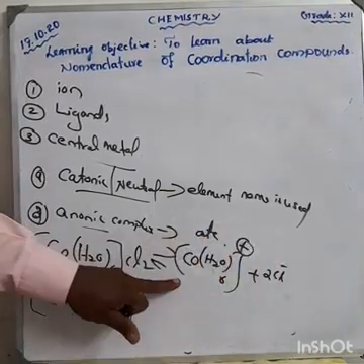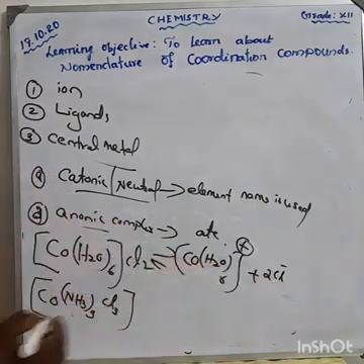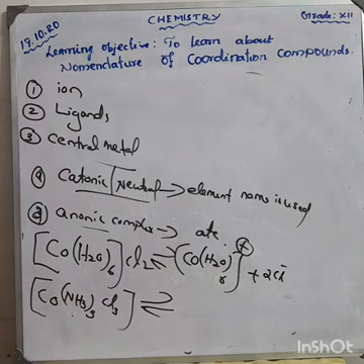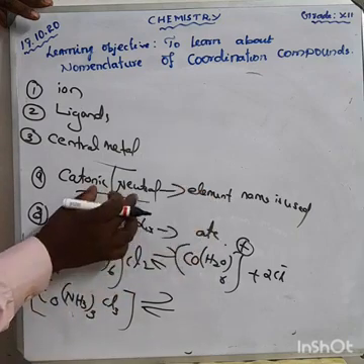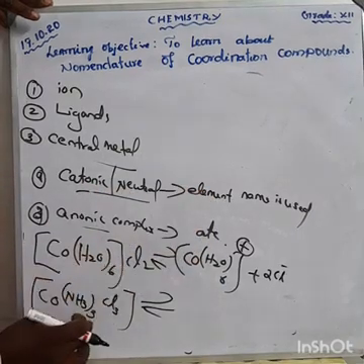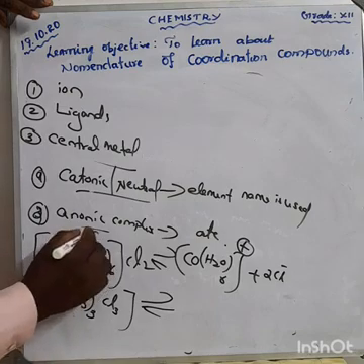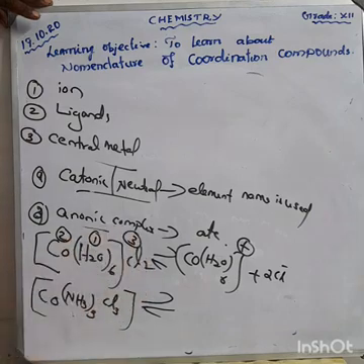Am I right? Here the other is neutral, so we cannot split the complex. For a cation or a neutral complex, first you start with the ligand, second the metal, and third the ion.